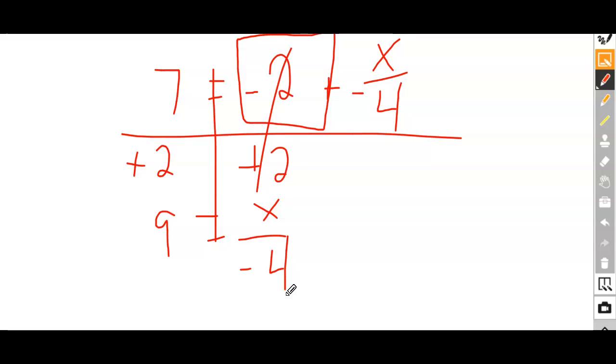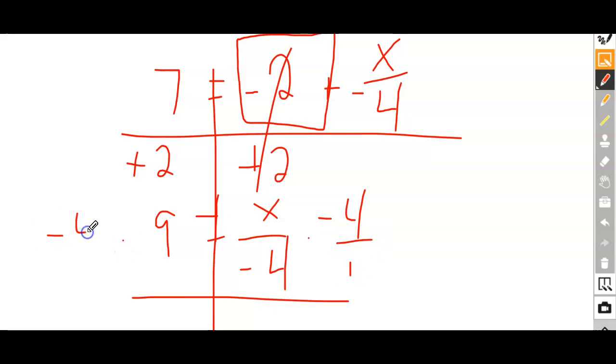Okay, so what does x over -4 mean? What operation does that mean? It means division. So what do I have to do to undo it? I have to multiply both sides by -4. And that really means -4 over 1 times -4 over here.